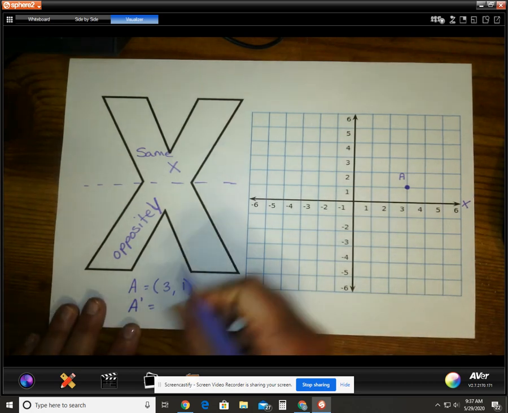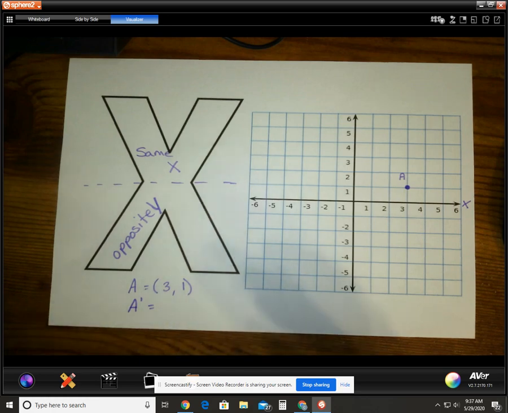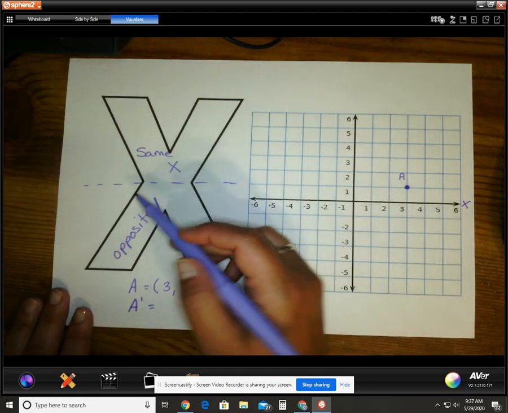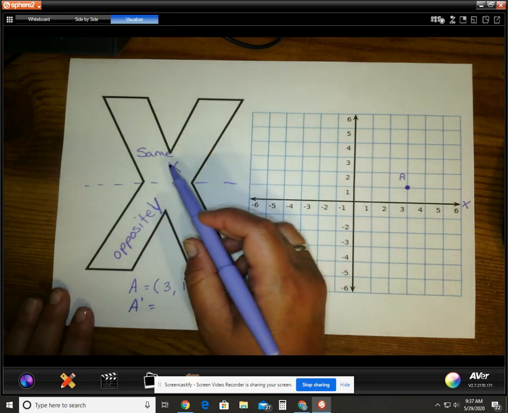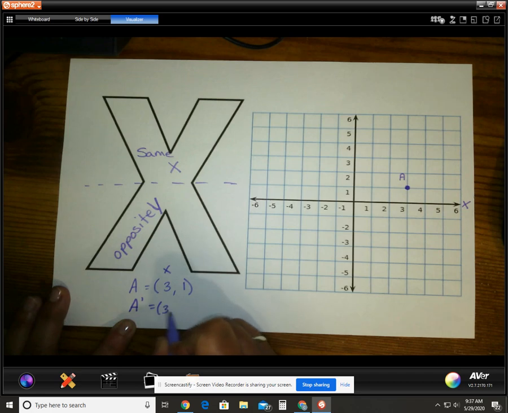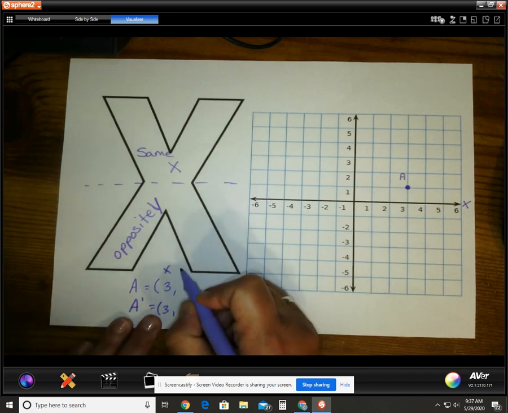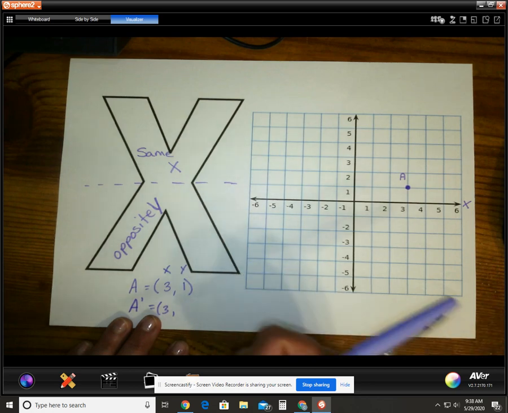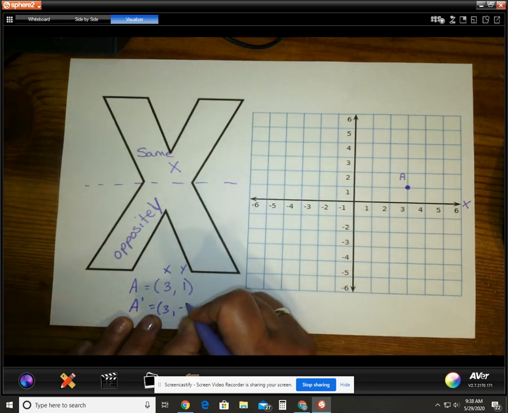So I want to know what my new coordinates are. Again, if I'm reflecting over the x-axis, I'm going to keep the same x number. So if the 3 is the x, I'm going to keep 3. And my y is going to become its opposite. So what's the opposite of 1? We already know that. It is -1.